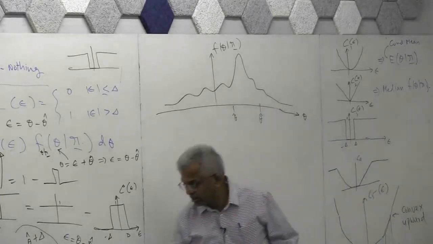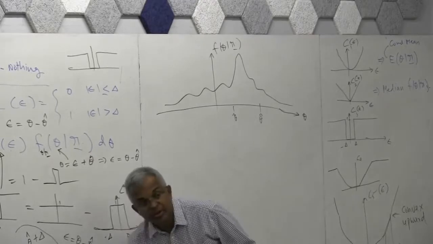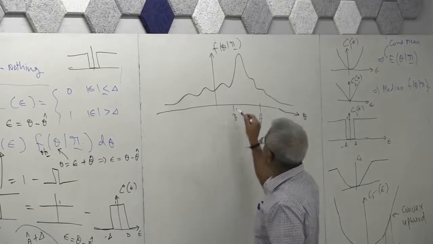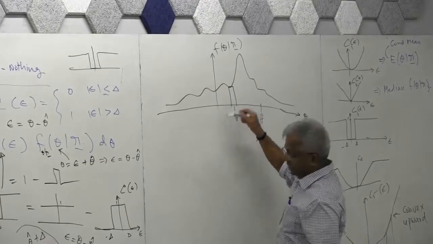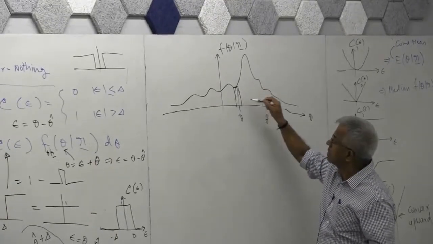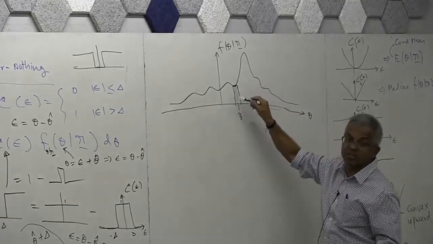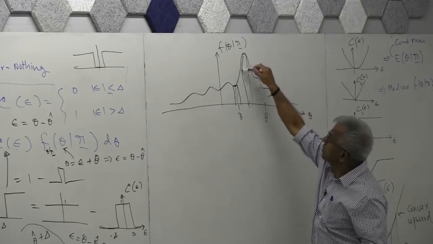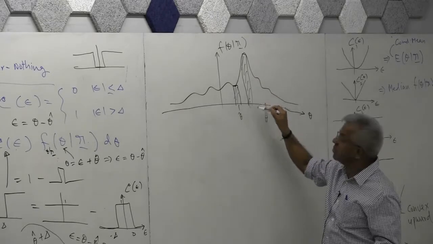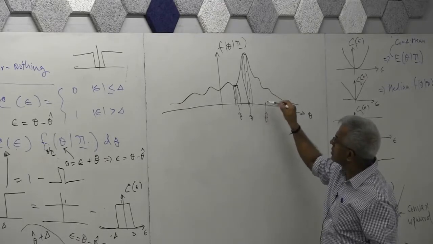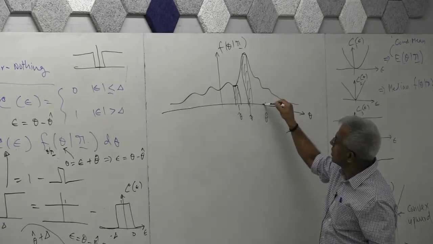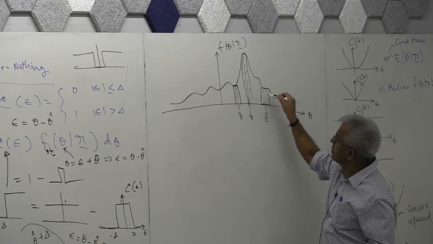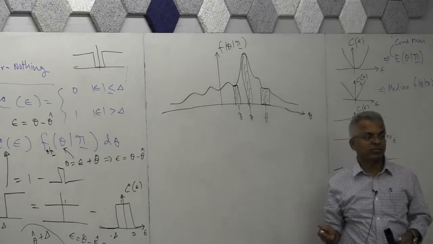Wherever you pick, you take a small window around that, theta hat minus delta to theta hat plus delta, and integrate the density function, so you get this value. If I pick here, I take a small window and integrate, I get this value. If I pick theta hat here, going minus delta to plus delta and integrating, which integral is the maximum?